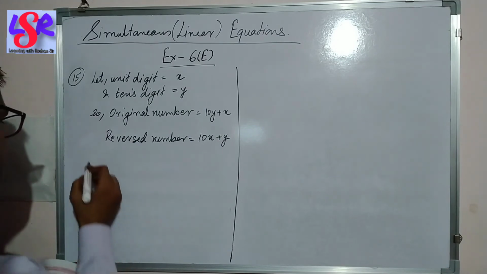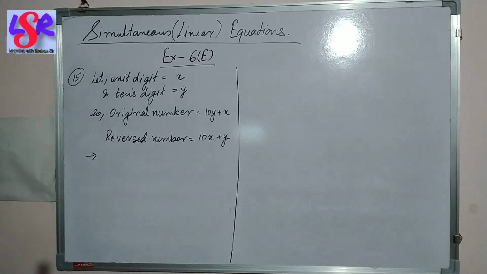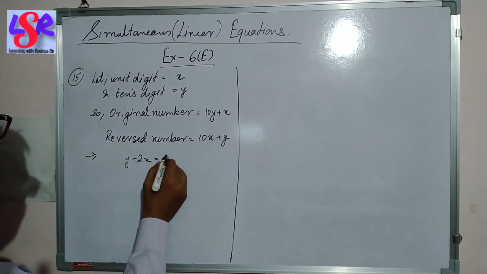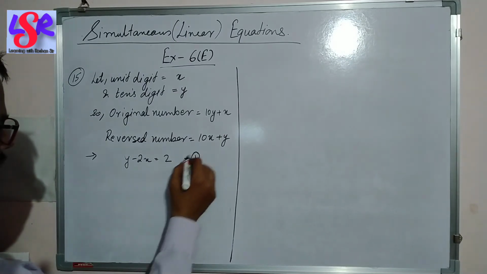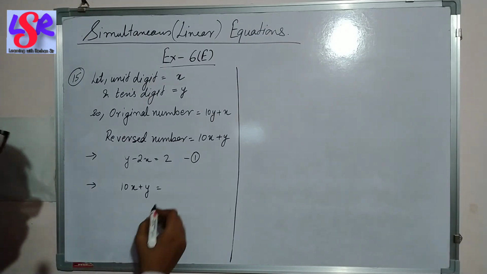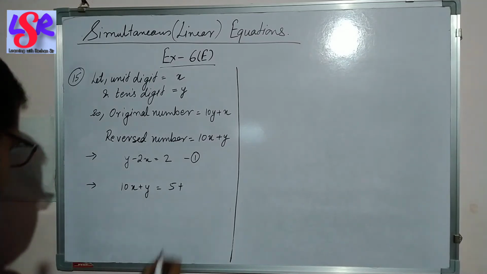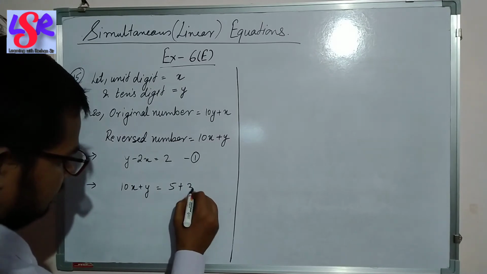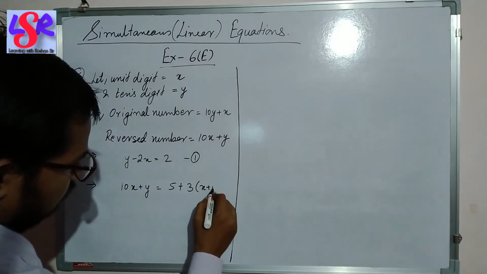Now for the first equation, we have the tens digit exceeds twice the unit digit by 2. So y minus 2x equals 2. And here we get the first equation. Then the number obtained by interchanging the digits is 5 more than 3 times the sum, that is 5 plus 3 times x plus y.